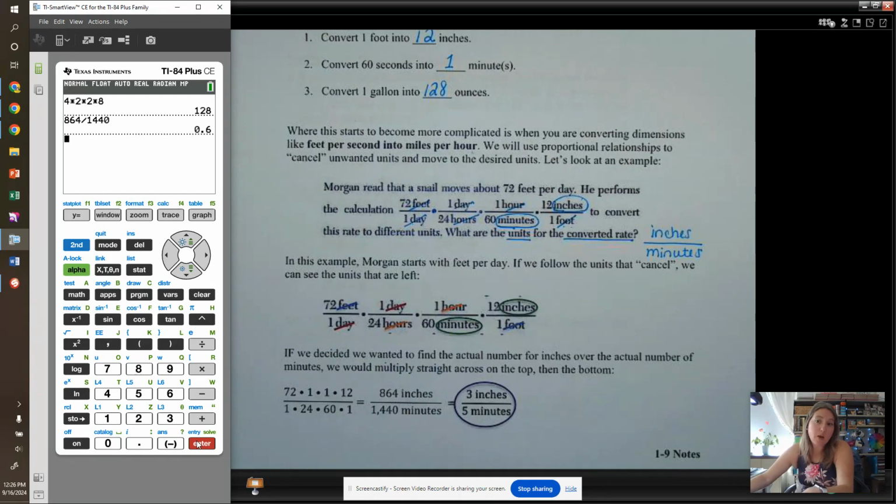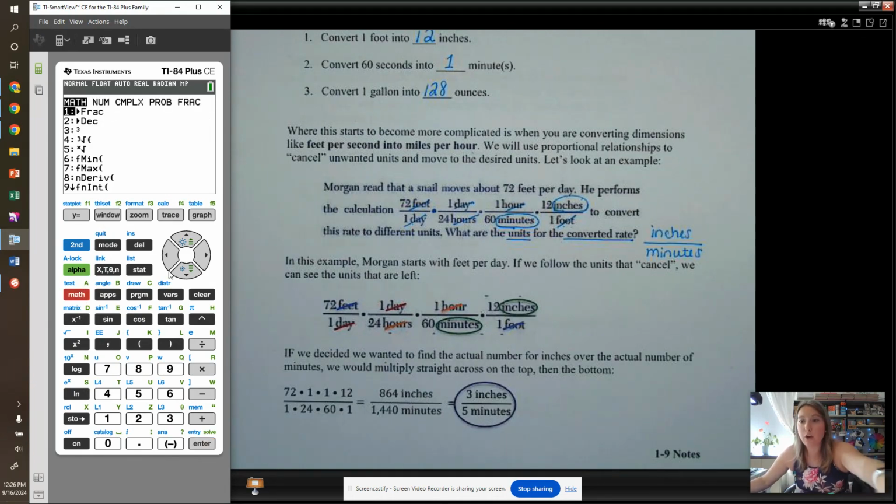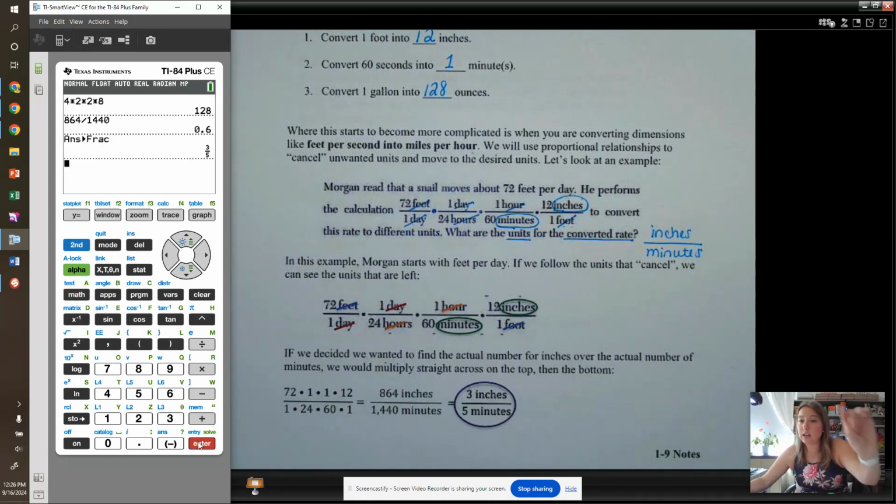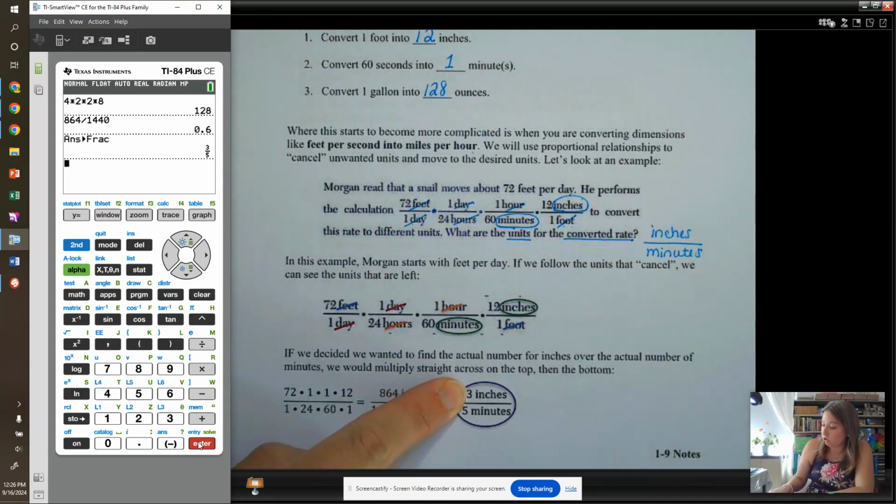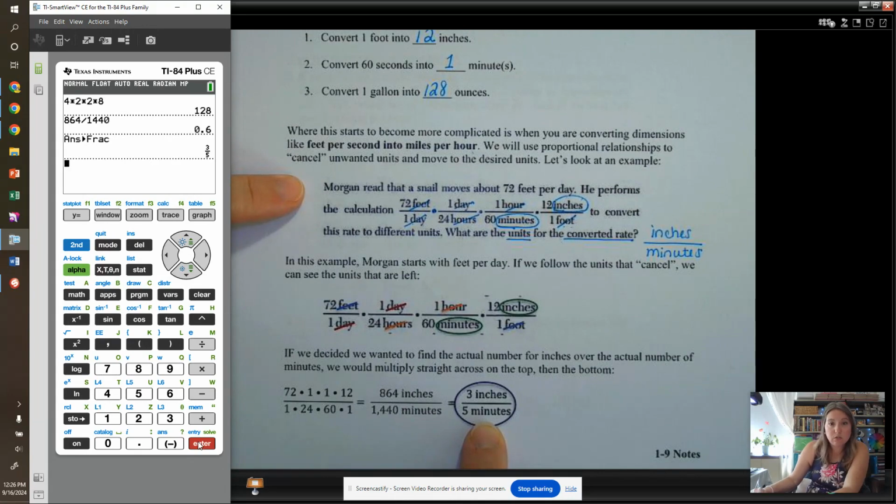Now, if we want that as a fraction, so how many inches per how many minutes, you could press math and notice fraction right here. So math, enter, enter. It takes your previous answer and turns it into a fraction form. And notice we get 3 inches in 5 minutes. So that's how we can determine how fast that snail moves.